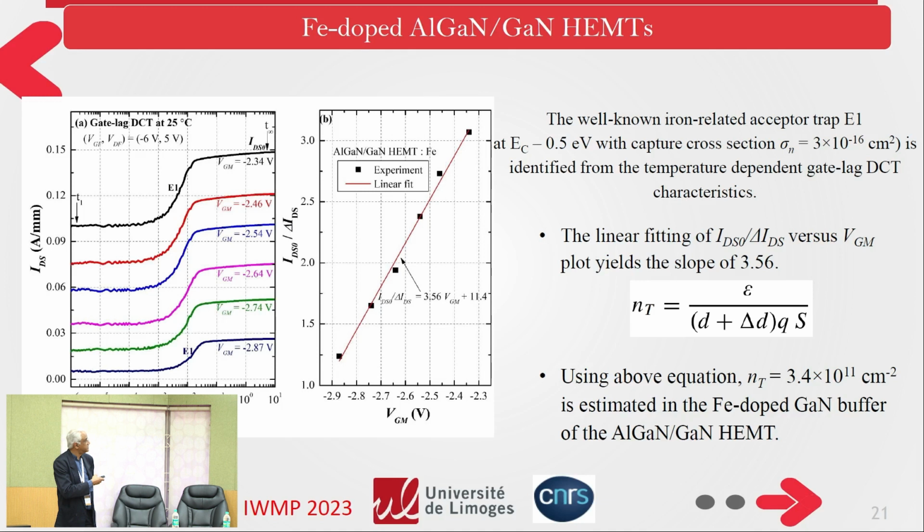As you can see, this is the measurement, and really we have a straight line. With this we can have the slope, and with this slope we can estimate NT. So for this case, F-doped AlGaN/GaN, we estimate 3.4e11 per cm². We have already seen that this kind of trap is in the GaN buffer.